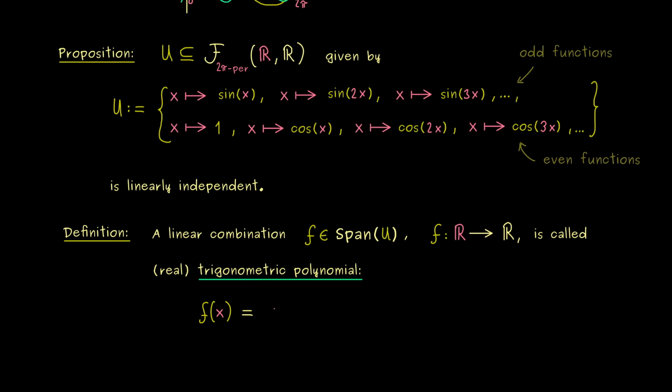First, we scale the constant function and let's call the scalar a0. Then we can scale a finite selection of the cosine functions and add them, meaning we have scalars a_k, where k goes from 1 to n, and n is a finite natural number. And now we have the different cosine functions here, so we have k times x inside.